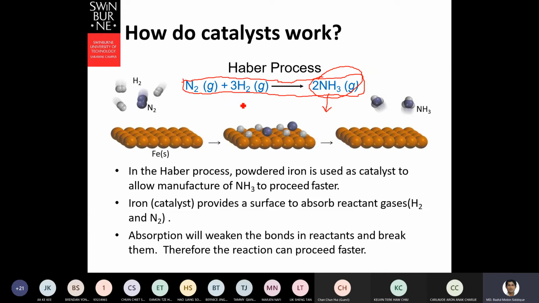So, no, the Haber process is 1910 or 1915, something like that. So this process also included the production of weapons, mass.